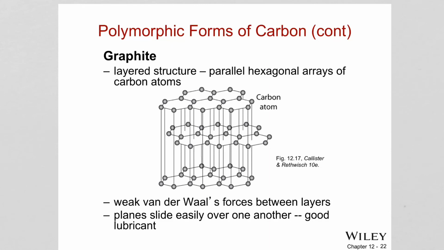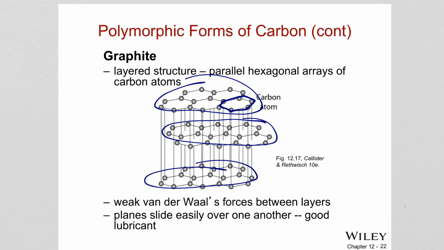Another form of carbon is graphite, and graphite is, as you can see, a layered structure. You can see parallel hexagonal arrays of carbon atoms like this. So these are hexagonal arrays of carbon atoms forming one layer, another layer, and another layer.